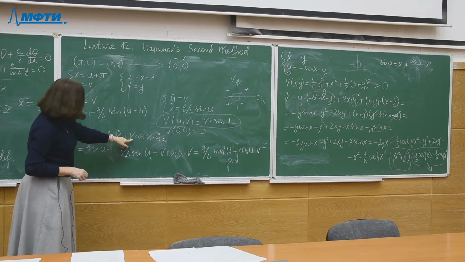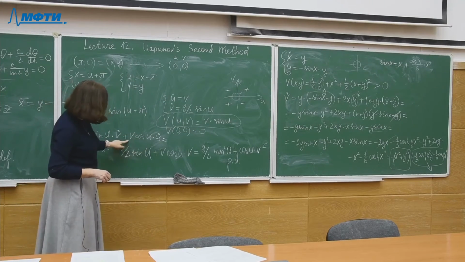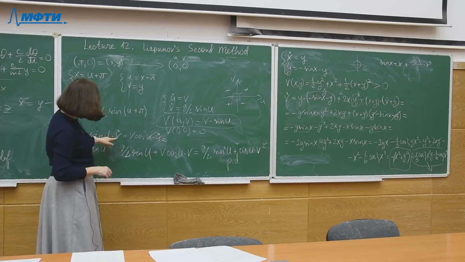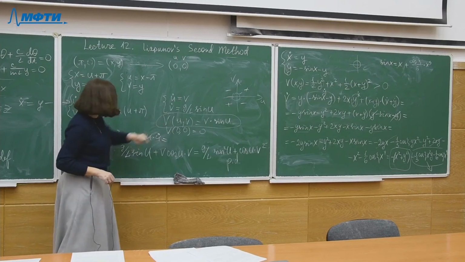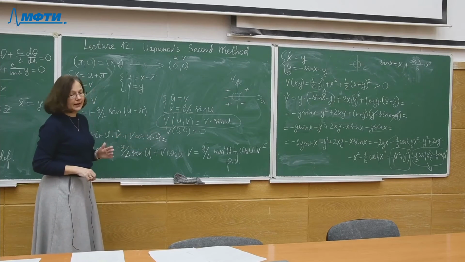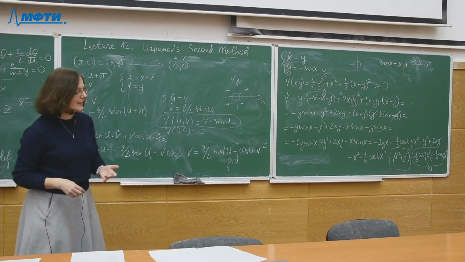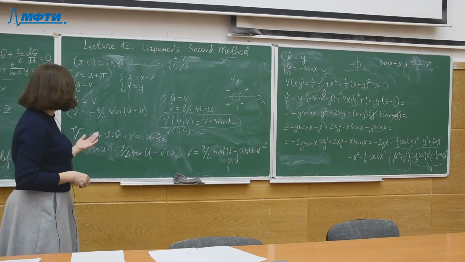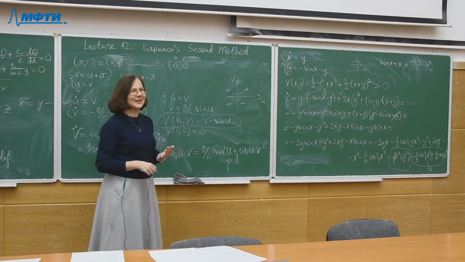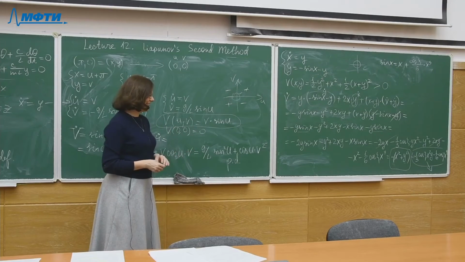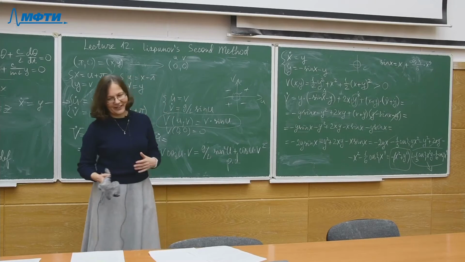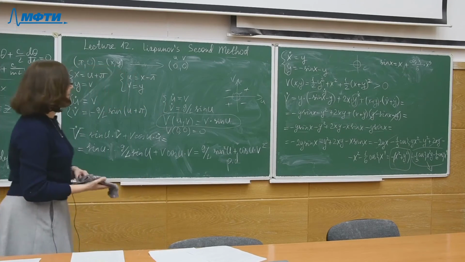Then the partial derivative with respect to u and multiply by u dot. Then substitute these two functions for v dot and u dot, and analyze the answer. It is, of course, difficult to guess this function, so you should try to find it.